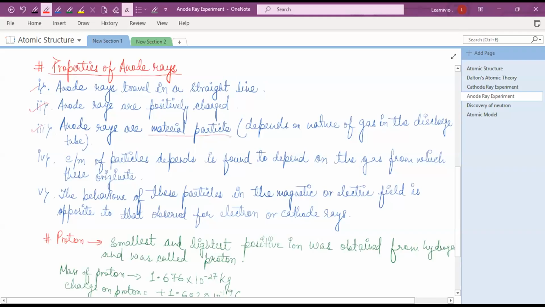Anode ray depends on the nature of gas in the discharge tube, right? But what was cathode ray doing? Cathode ray doesn't depend on the nature of the gas particle and the nature of electrodes. But here in this case, anode rays are material particles. What does this mean? Material particle means it depends on the nature of gas in the discharge tube.